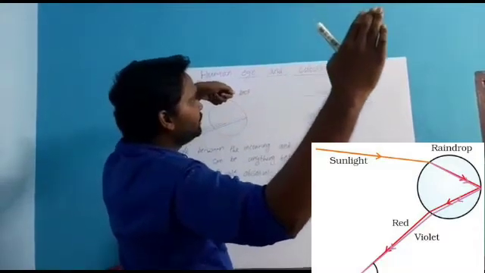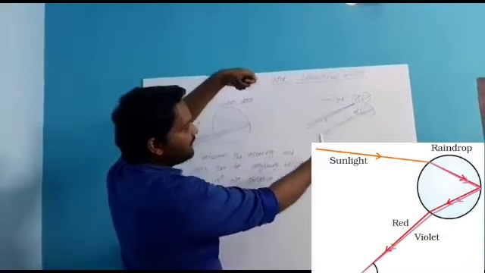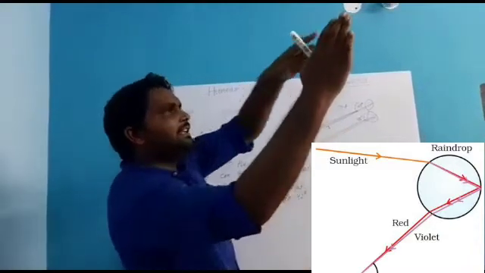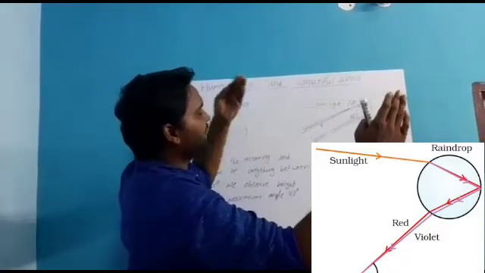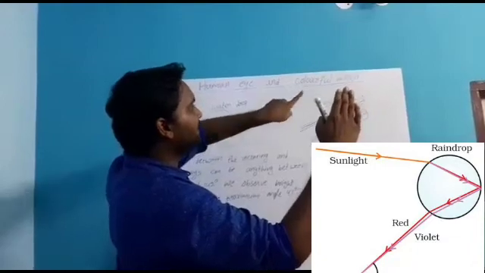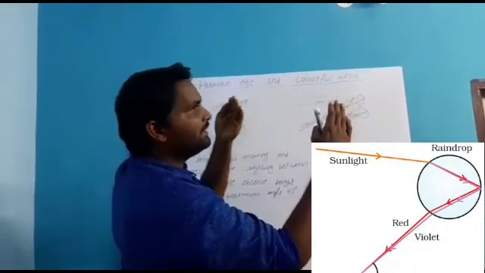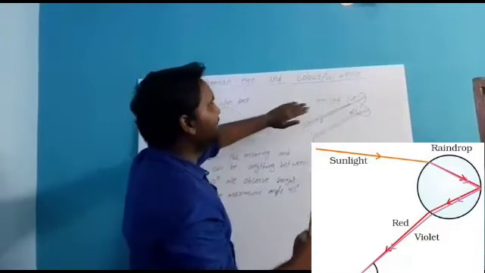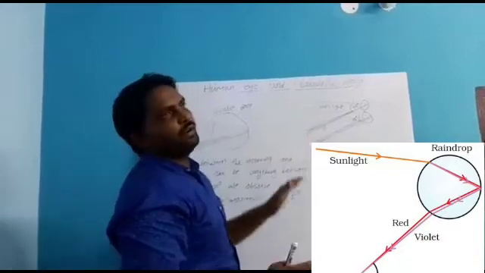The water tube should be like this. When the water is falling in front of the wall, the sun rays will come in this direction and will be refracted. When the light rays touch the water drops, they will reflect to your eyes. Then we are able to see the rainbow colors on the white wall.